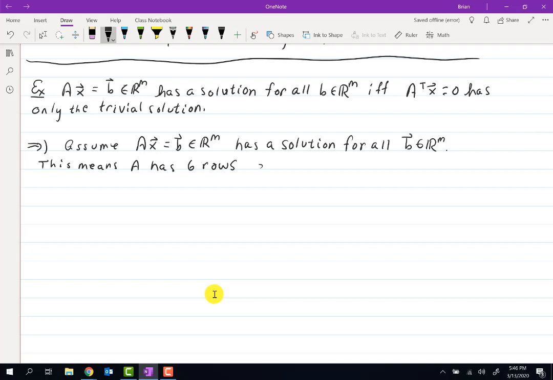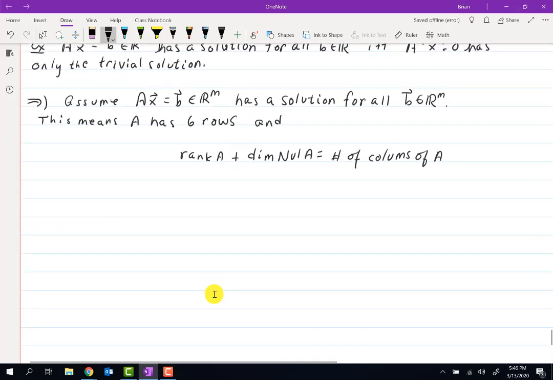And we also know that the rank of A plus dim null A has to equal the total number of columns of A, although I don't know what that is yet.